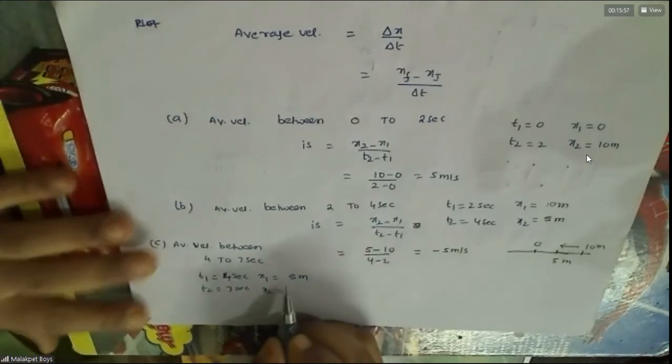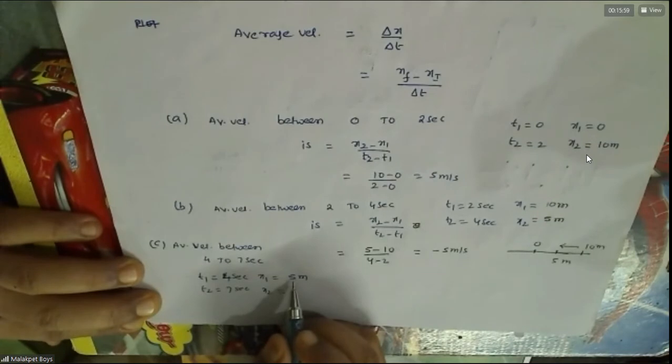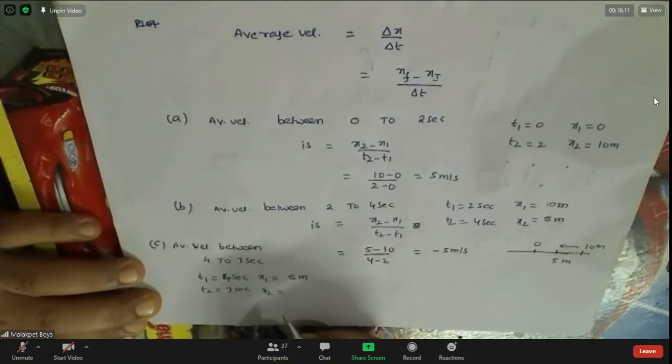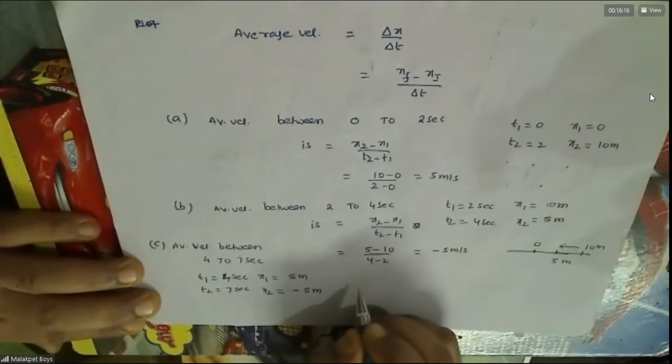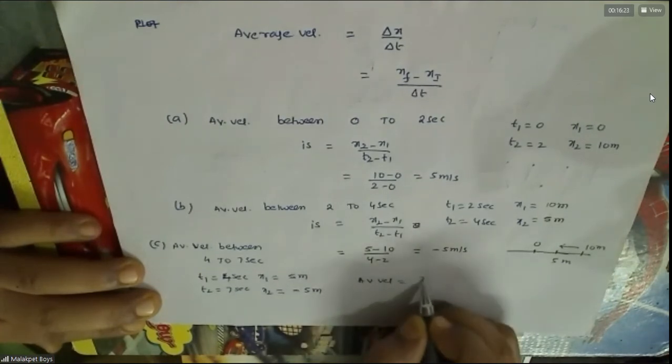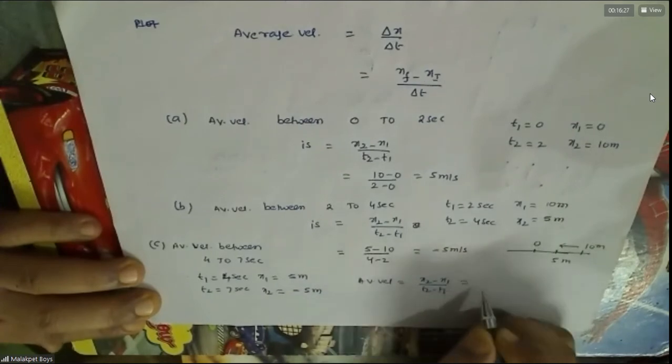Agreed. It is at the midpoint of 4 and 6, if you observe carefully. At 7, this is also at minus 5 meters. Am I right or not? Any doubt? From the graph, you will get this information.